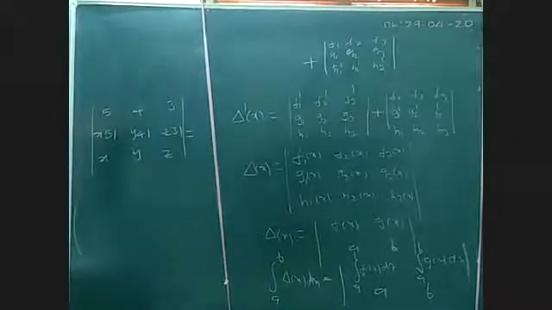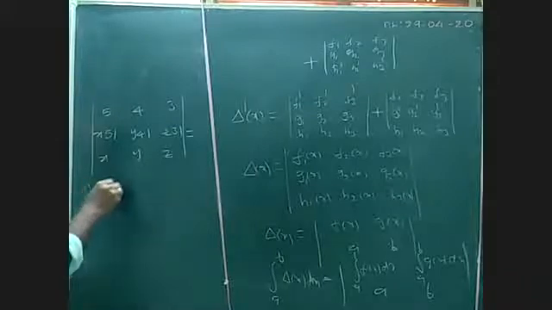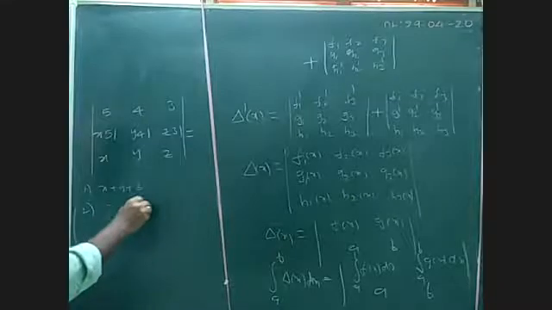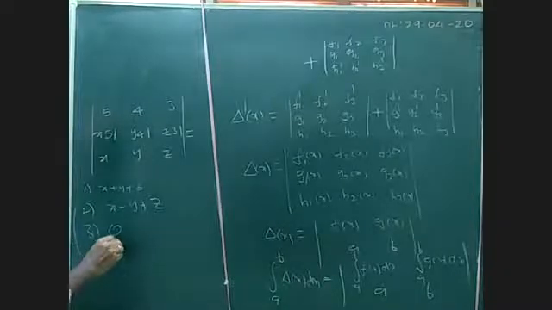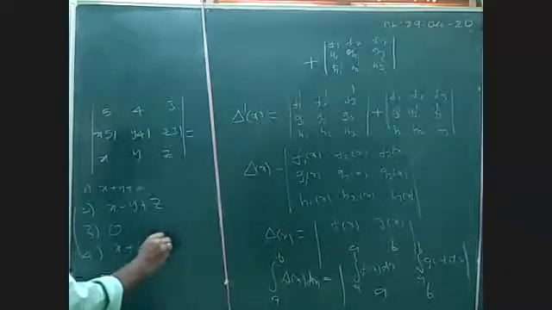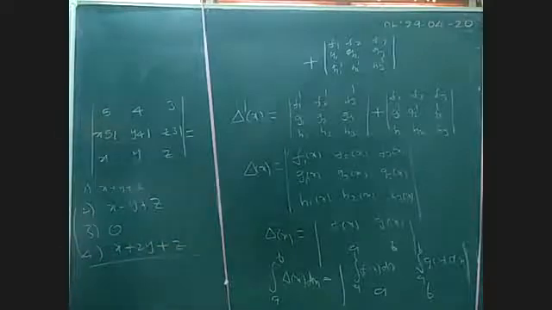Is it equal to the first option, x plus y plus z? Which option? Tell me first. x minus y plus z. Third one is 0, or the fourth one is x plus 2y plus z. Yeah, tell me.